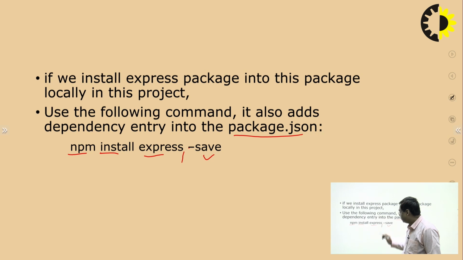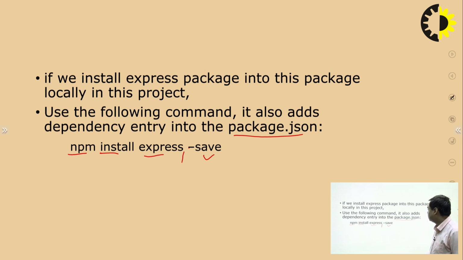Up to the express part, it will install the package on your local machine. When we use dash dash save, whatever information is related to the module is stored in the package.json file. When we use this save option, it installs the package in a very efficient way and updates the information in package.json.